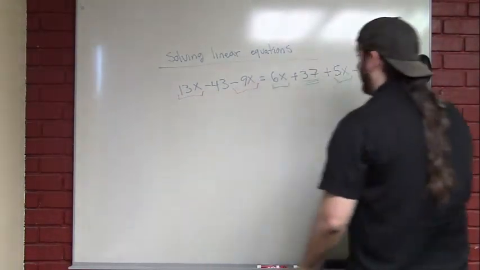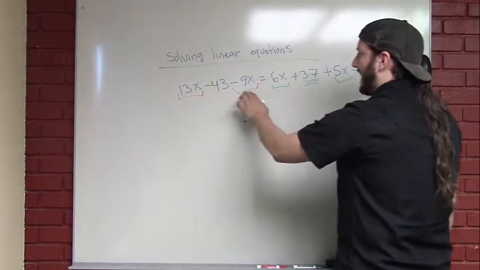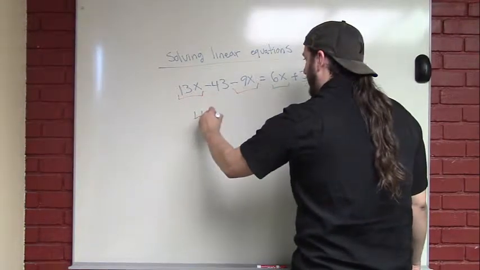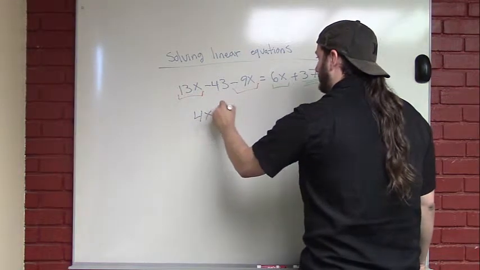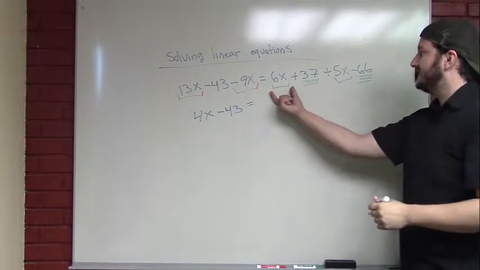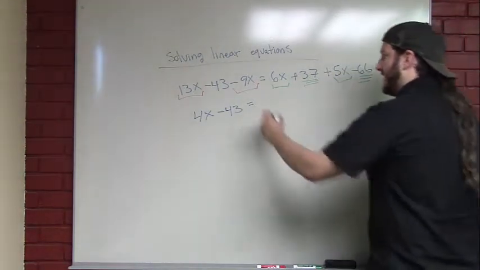So let's just start doing that so this guy gets much smaller. 13x minus a 9x is going to be a 4x, okay? We still have this minus 43 here, equals now 6x plus 5x is going to be 11x.